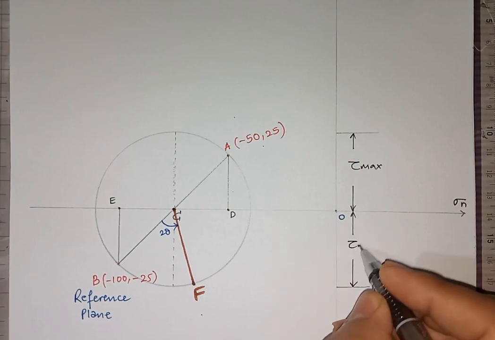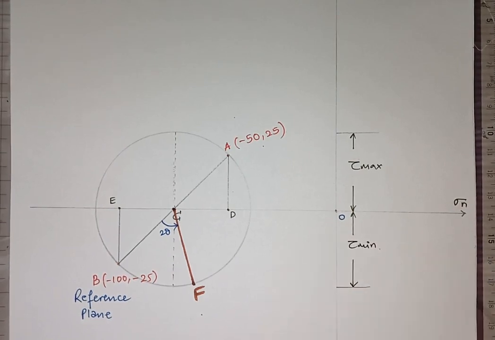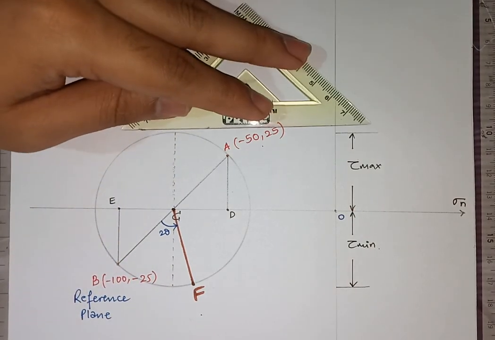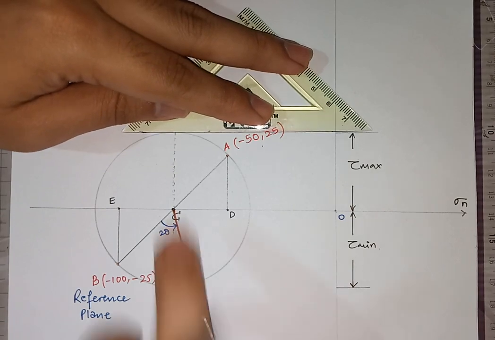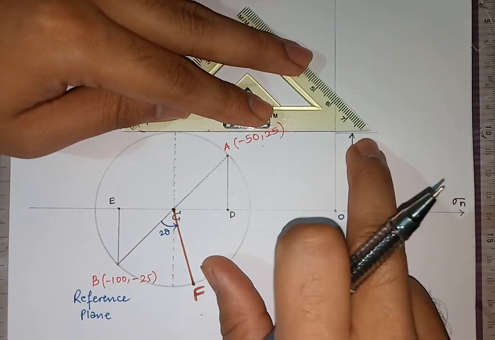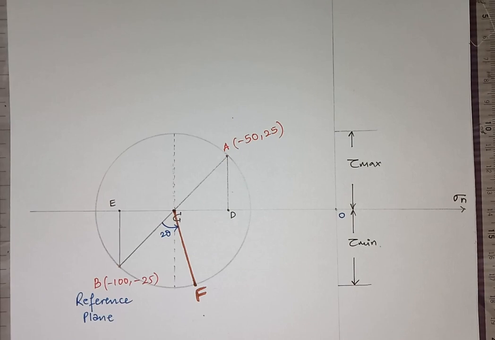This becomes tau minimum. Tau max and tau minimum, I have marked it. What I have done is take this highest point and project it onto the y-axis. Now once that is done, let us go for marking of principal stresses.